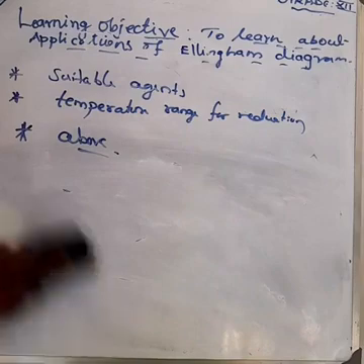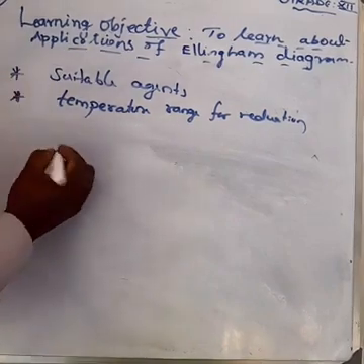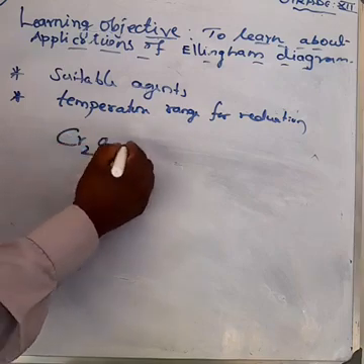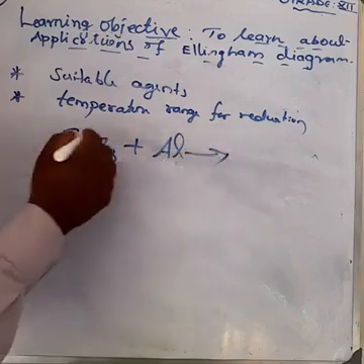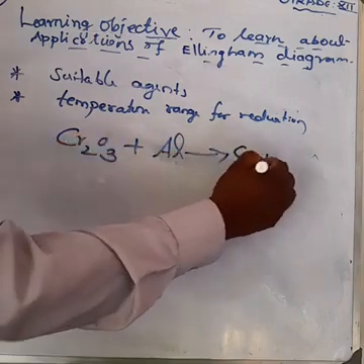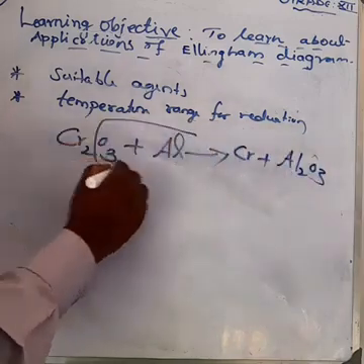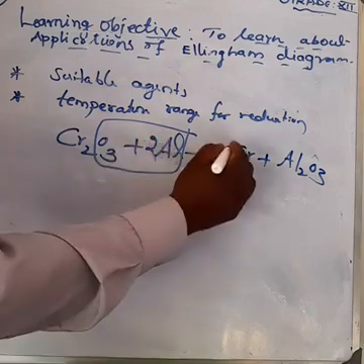What is the formula for chromic oxide? Cr2O3 reacts with aluminum, and we get chromium plus aluminum oxide, Al2O3. We have to balance the equation. This reaction is possible.